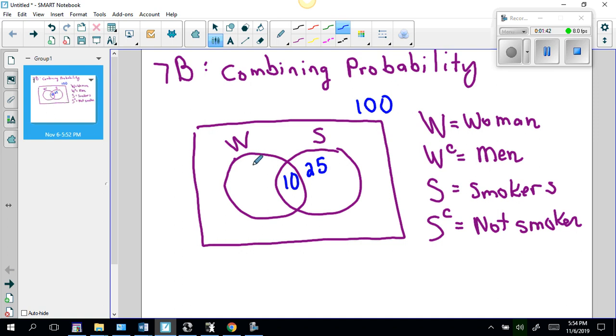And over here are women who are not smokers. And where is the zone of non-smoking men? Well, we know there's 45, 55, 65, 70. There must be 30 outside the women's circle, outside the smoker circle, and basically we got 30 men who don't smoke.